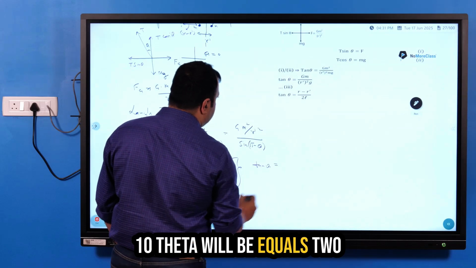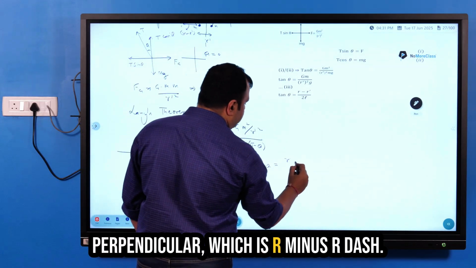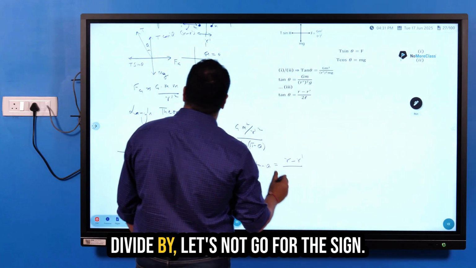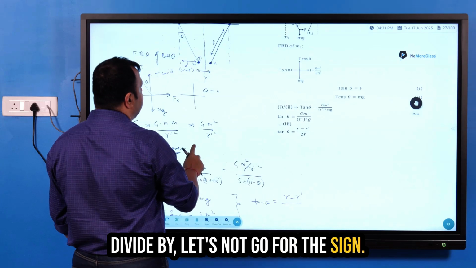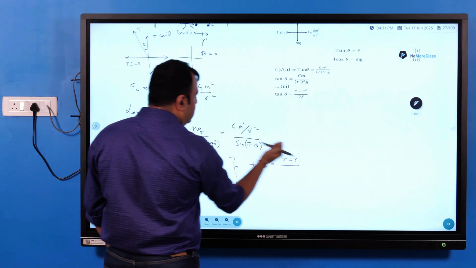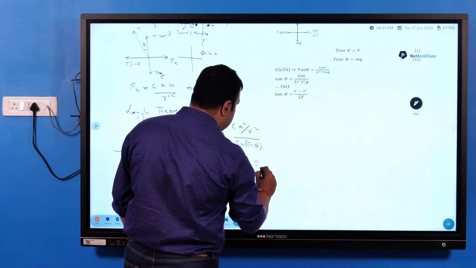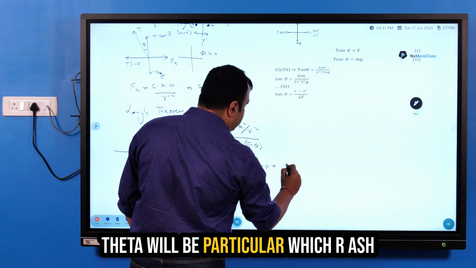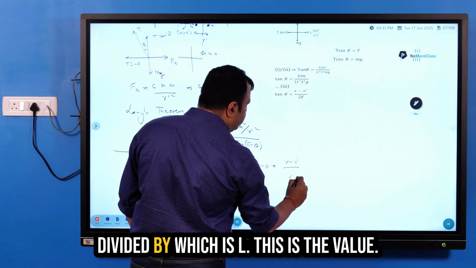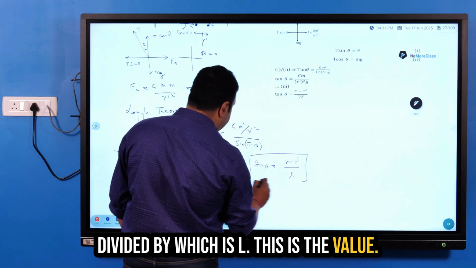Tan theta will be equal to perpendicular, which is r minus r dash, divided by, let's not go for the tan, let's go for the sine. Sine theta will be perpendicular, which is r minus r dash, divided by hypotenuse, which is L. This is the value.